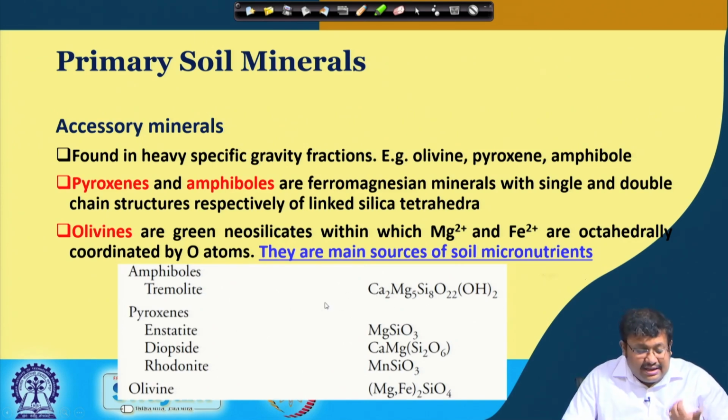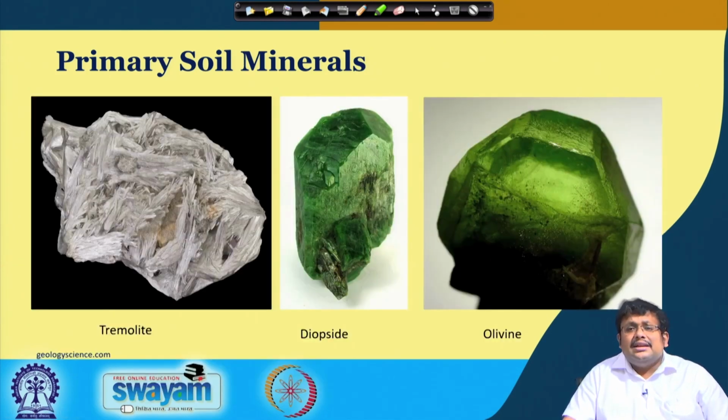Pyroxene examples given are enstatite, diopside and rhodonite. The formulas are given here. Olivine is a ferromagnesian mineral, so iron and magnesium are there, and this is the formula of olivine. So, let us see some pictures of these minerals.